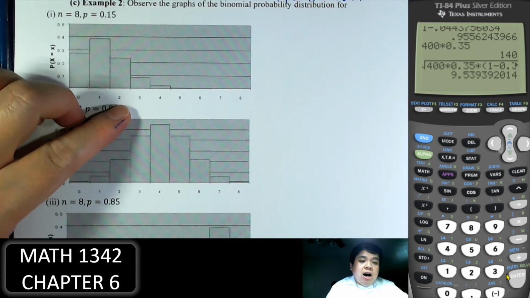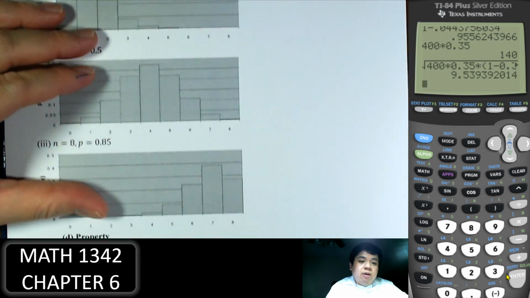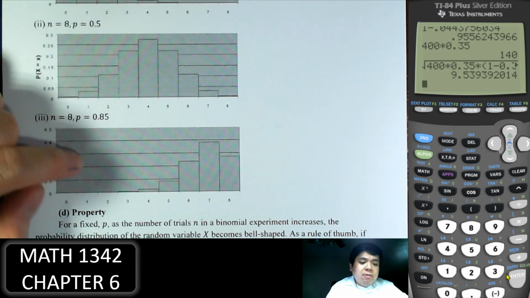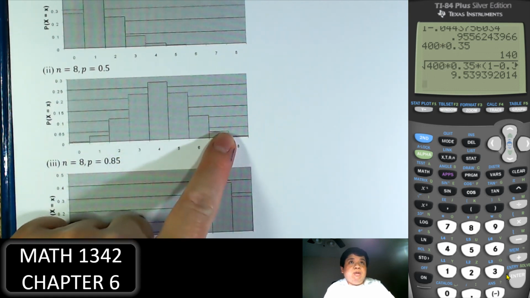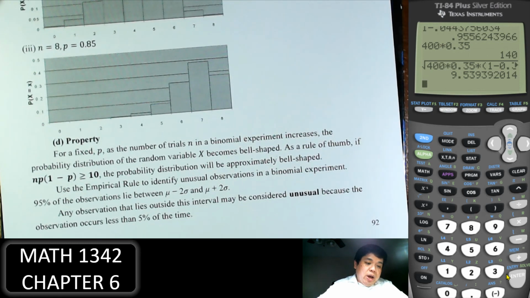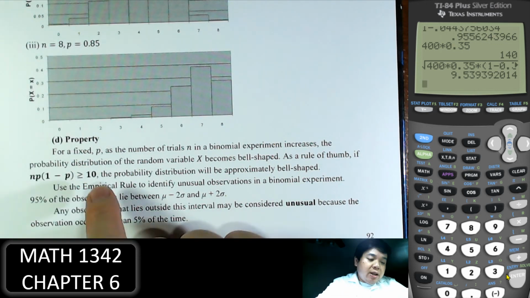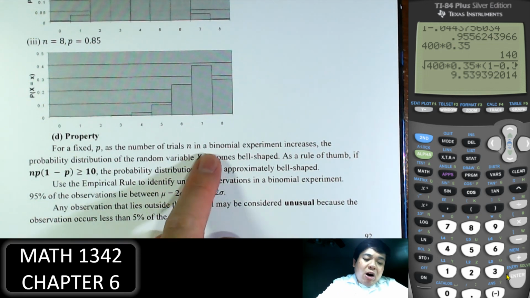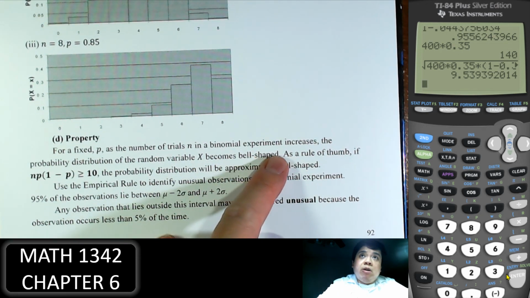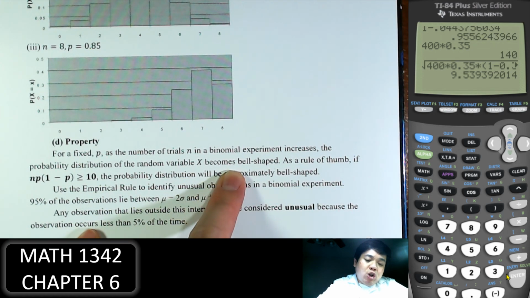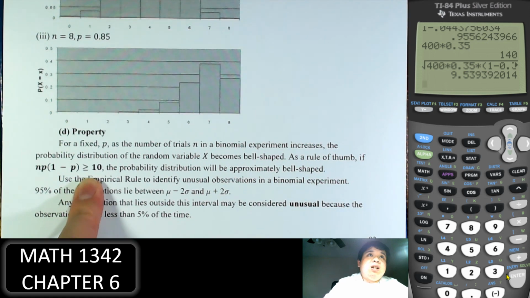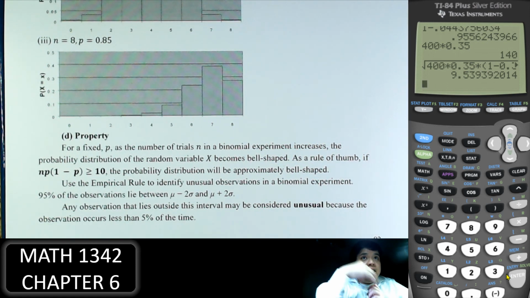Next, we have a different case, and we plot the histogram for the probability distribution. In this case, it's roughly a bell curve. For a fixed probability, as the number of trials in the binomial experiment increases, the probability distribution becomes bell shaped. The rule of thumb is when np(1-p) is greater than or equal to 10, it is bell shaped.